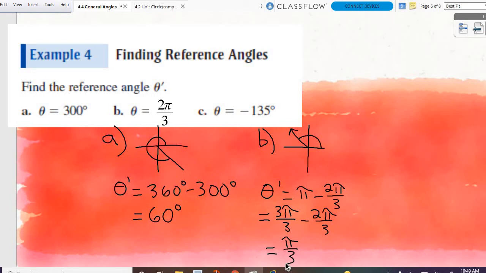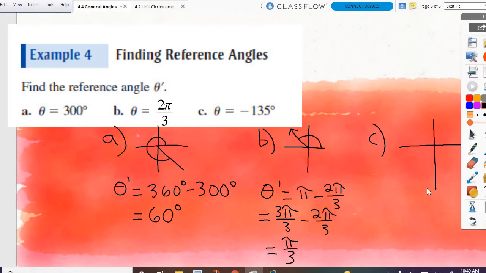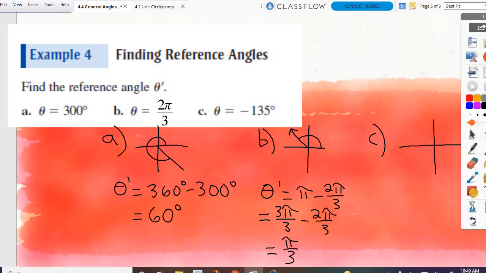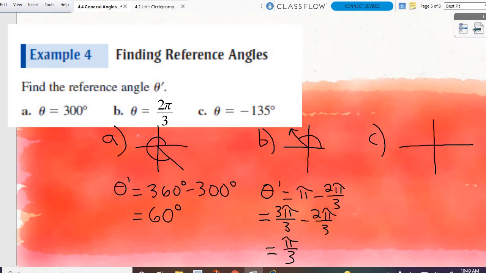Now, what's different about part C? It's negative. So, what direction are we rotating? Clockwise, yes? So, if I were to rotate into my first quadrant going negative, what is this bottom angle then? Almost. Negative 90, right? So this would be negative 90, okay?